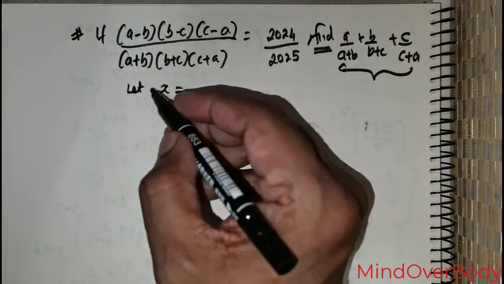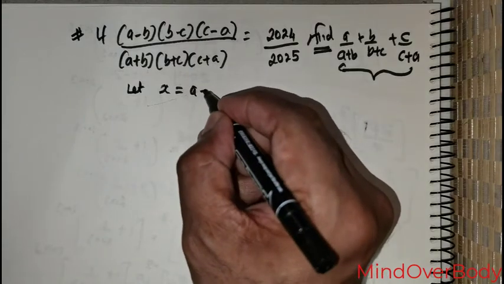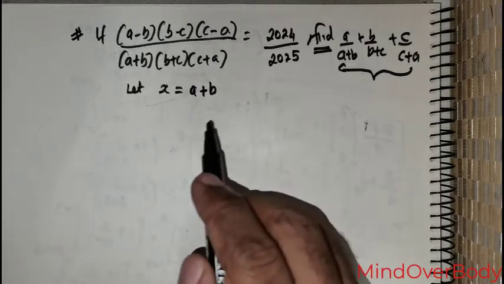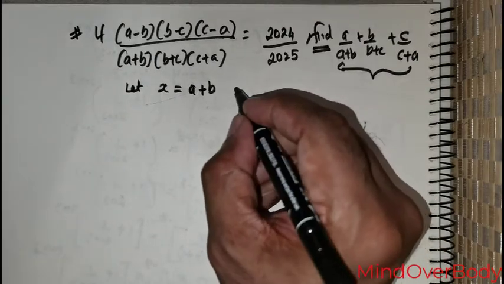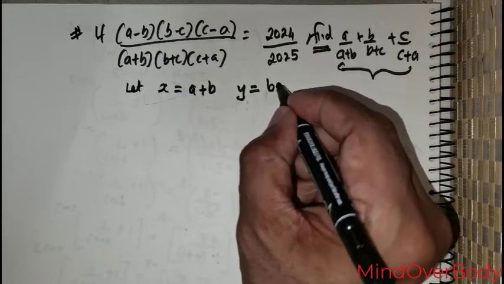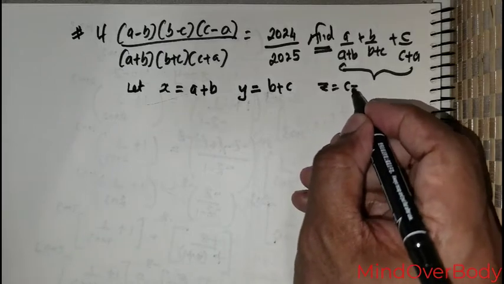Instead of taking it as a−b, take x to be equal to a+b. So you just go to the exact opposite. Instead of saying a−b, take it as a+b. And let y be b+c, and let z be c+a.